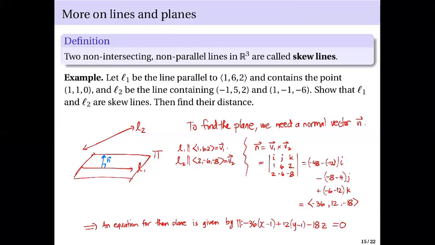And to get the distance of one line to a plane, we can just use a point on the line and get its distance from the plane.